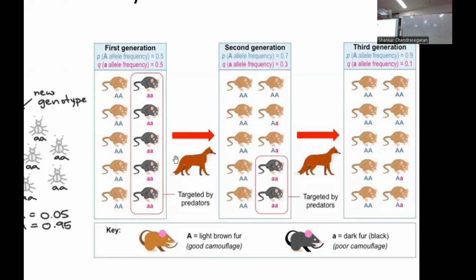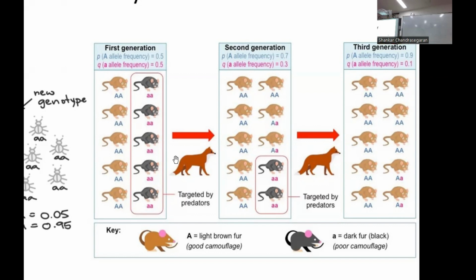You can even see that reflected in the allele frequencies. If the allele responsible for the light fur is the dominant allele, and the allele responsible for the dark fur is the recessive allele, you can see how the allele frequency changes to reflect that.